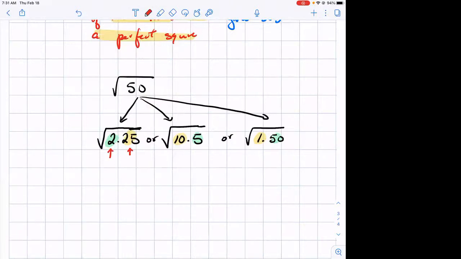But 25 is a perfect square. And look, 10 is not a perfect square, you don't know the square root of 10. 5 is not a perfect square, you don't know the square root of 5. 1 is a perfect square, but you still can't simplify 50 that way, so usually 1 times a number is not an option. So this is the one we choose.